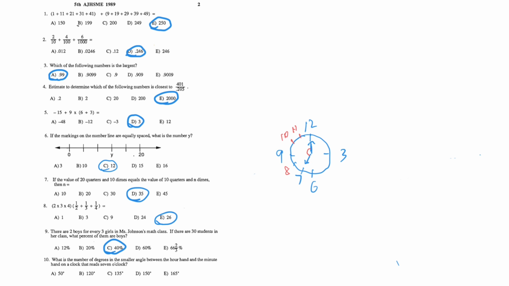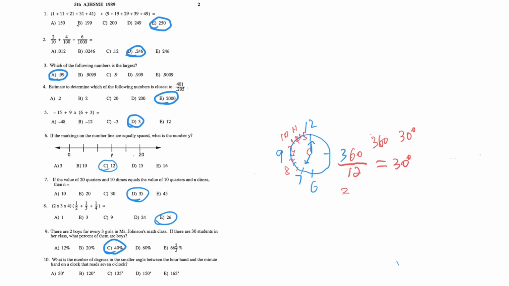Now we know the hour hand moves 30 degrees per hour because the total is 360. If the hour hand goes 12 hours, that's 360 degrees, so dividing by 12, 1 hour is 30 degrees. From 7 o'clock, that's 1, 2, 3, 4, 5 hours.